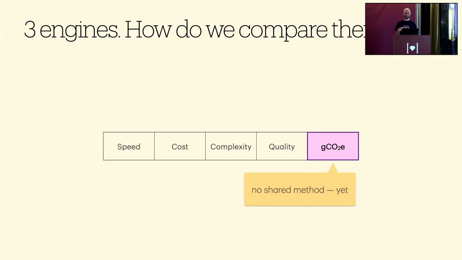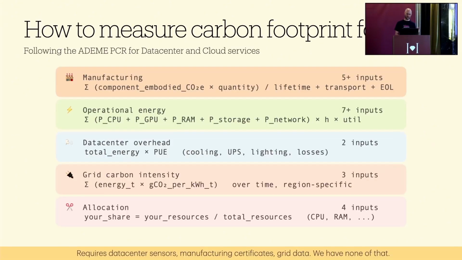The 5th one doesn't yet. The next slides are about that: what serious people do, what we do, and the honest gap between the two. The whole thing fits in one slide, I promise.